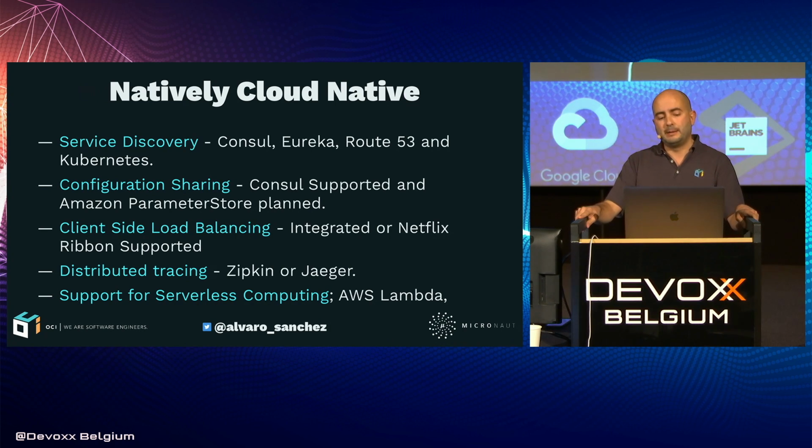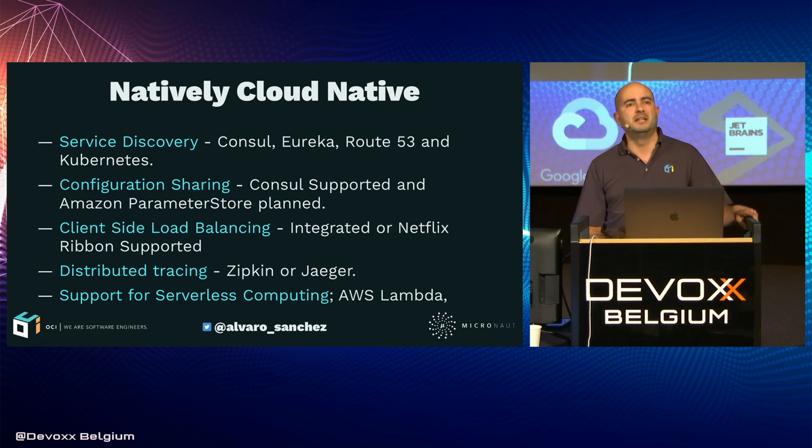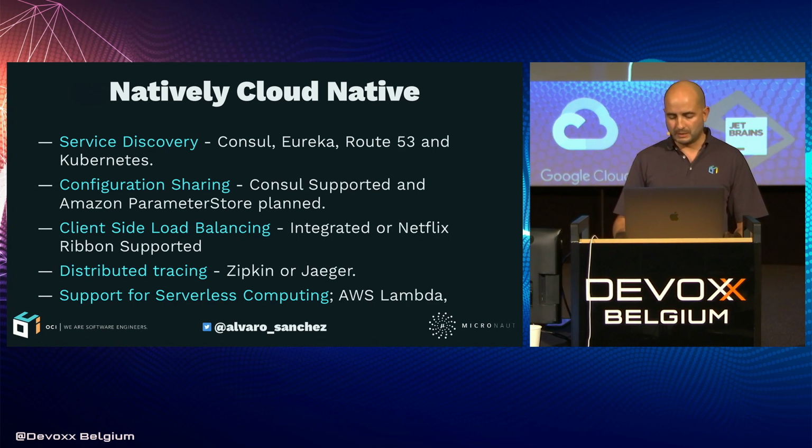You can have HTTP clients like we saw before. The clients are load balanced by default, and you can use Netflix Ribbon if you put it in the classpath. In terms of tracing, we support Zipkin or Jaeger, and we also offer support for serverless computing with AWS Lambda, and Azure is on the roadmap.